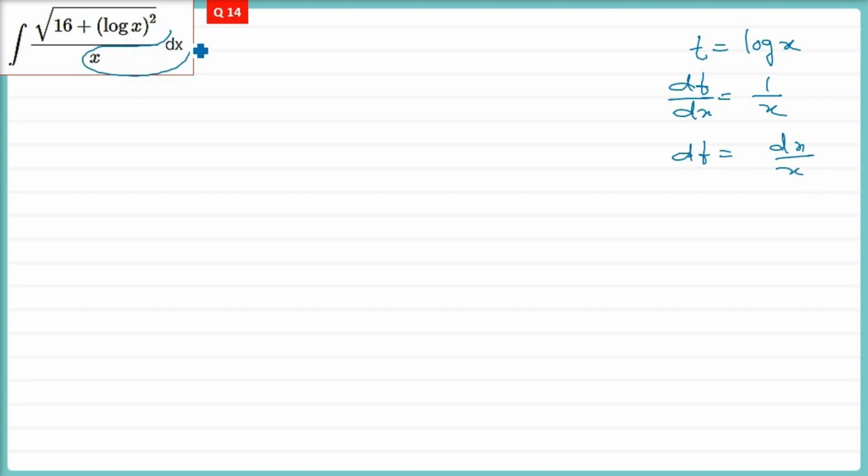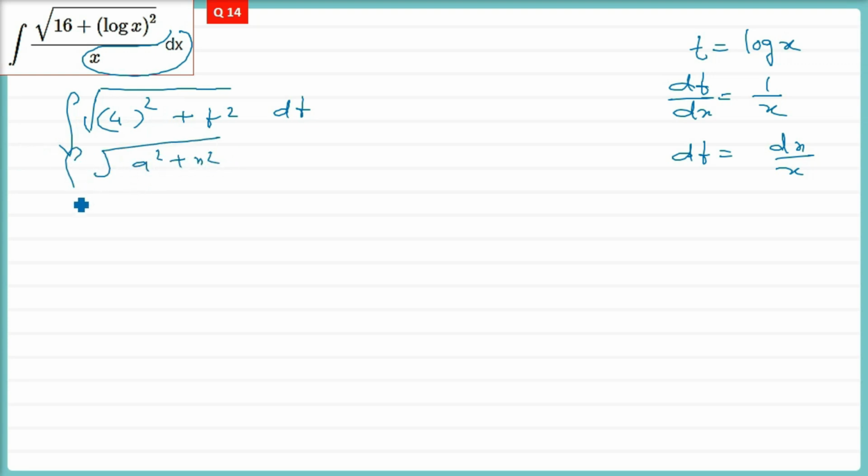So this dx by x will be dt. So integration of 16, which is 4 square you can write, under root, log x we have taken as t, so 4 square plus t square inside a root, and dt also. The a square plus x square formula can be directly applied here. A will be 4, x as t.